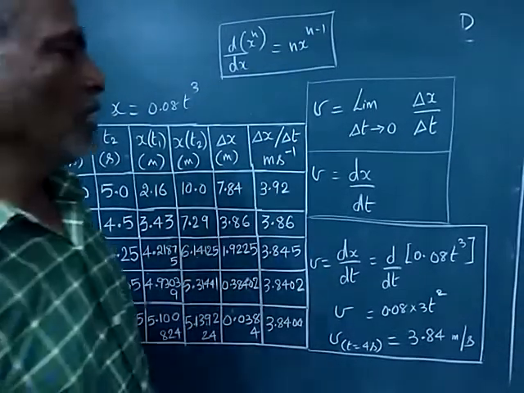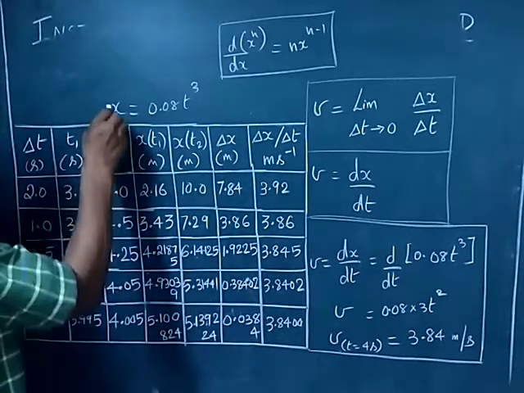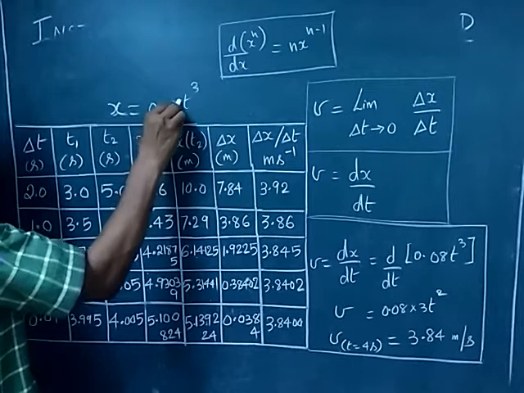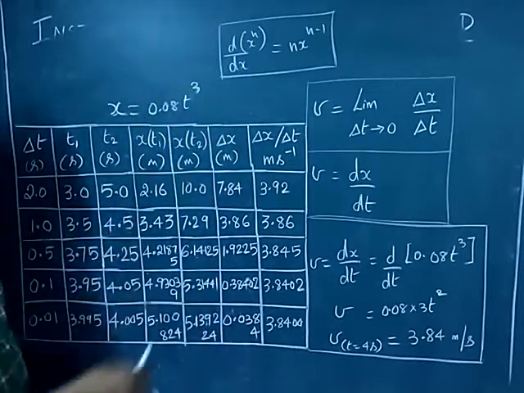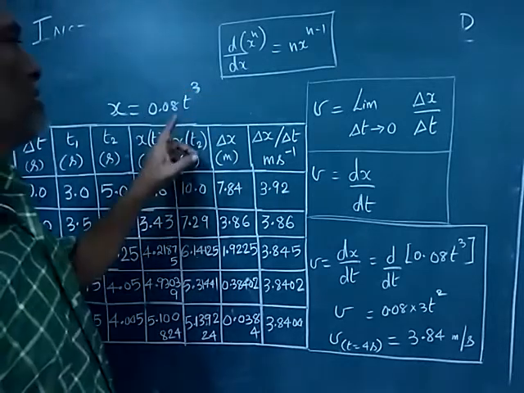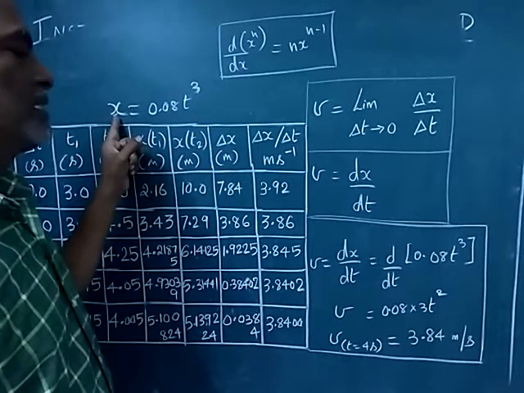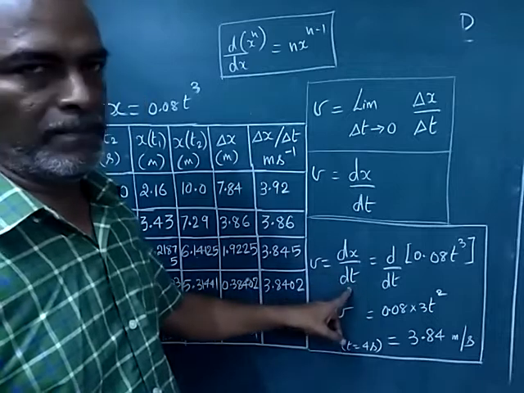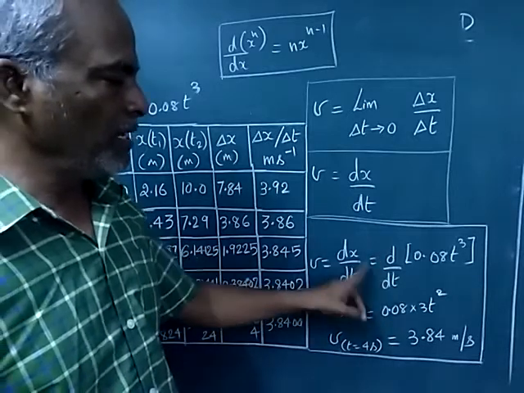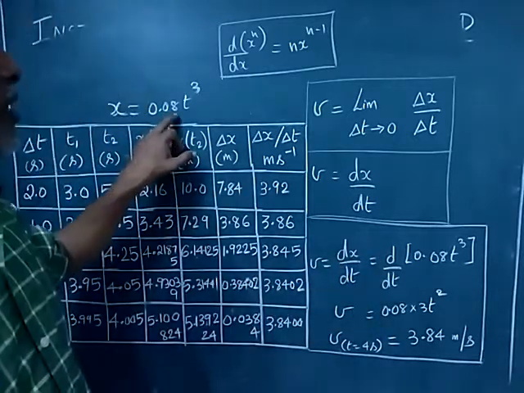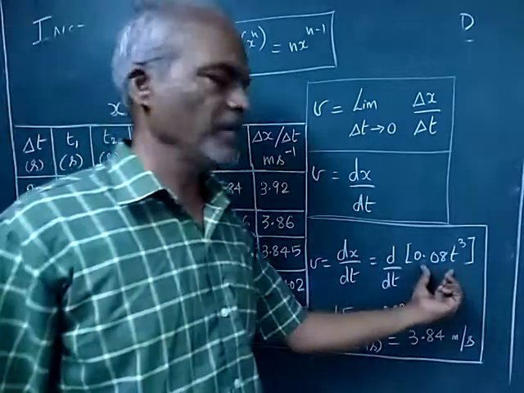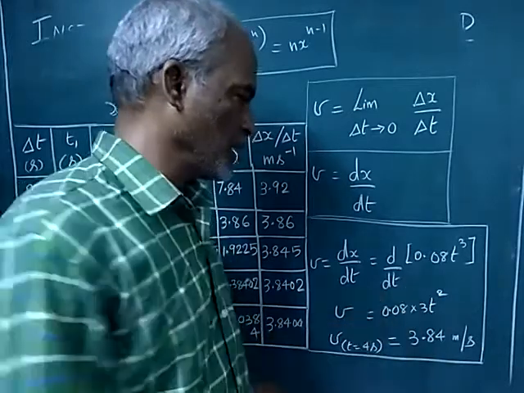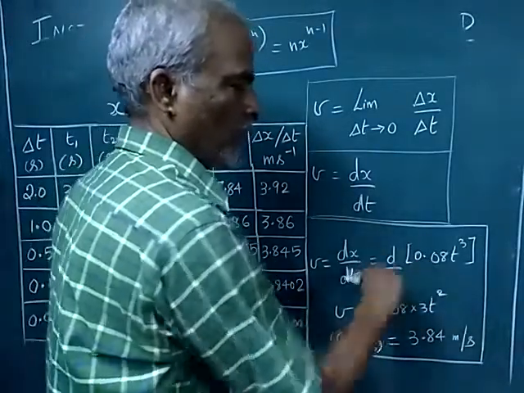So how to solve our problem? We have x is equal to 0.08 t cube. Now the independent variable is t, dependent variable is x. So now velocity is equal to dx by dt. So d by dt of x, what is x? 0.08 t cube. That's what is written here. 0.08 is a constant, you can pull it outside.